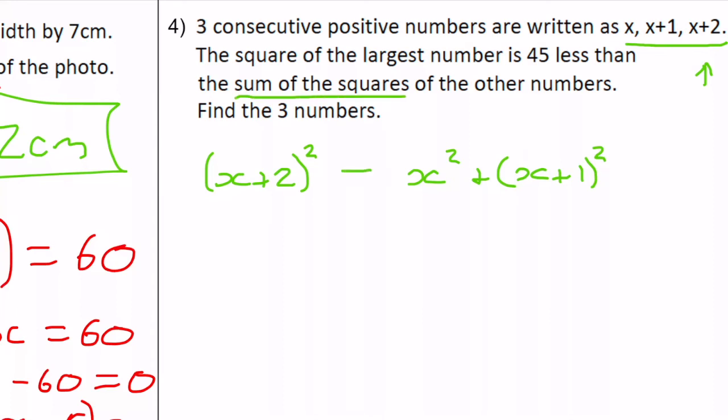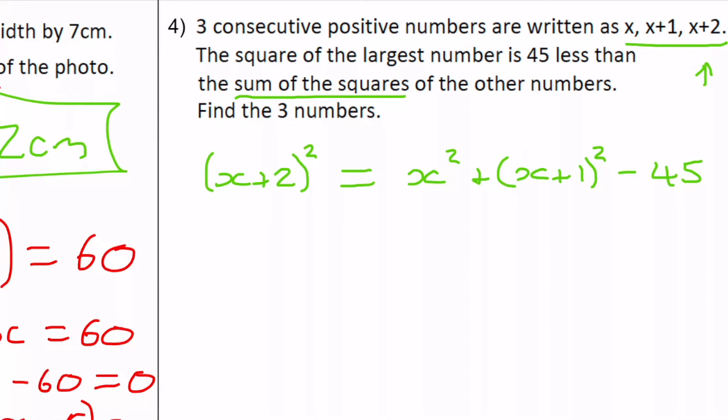Now it's not equal, it's 45 less. So that means we would add them together and then take away 45 in order to make them equal. Alright, so just read through that again. The square of the largest number, which is x plus 2 squared, is 45 less than the sum of the squares of the other numbers. So you add together the squares of the other numbers, you take away 45, that should be the same as your largest number squared. So that's the tricky setup.